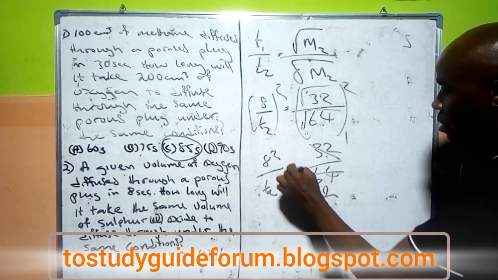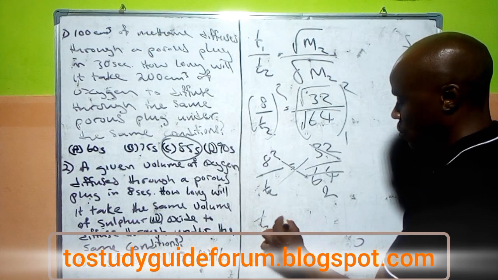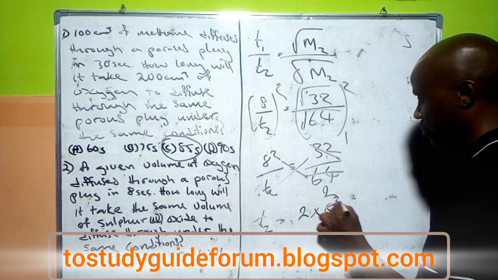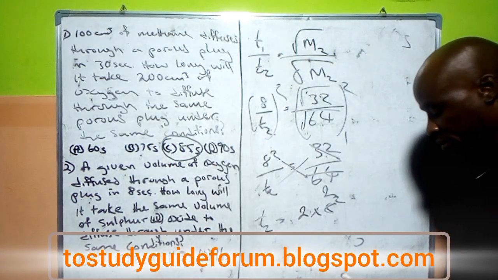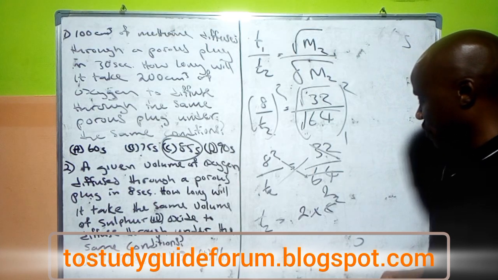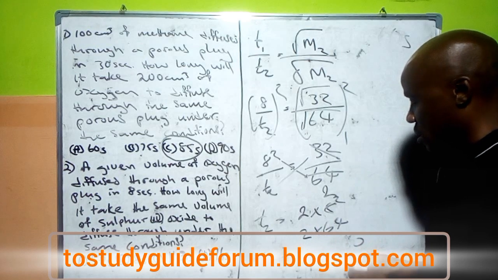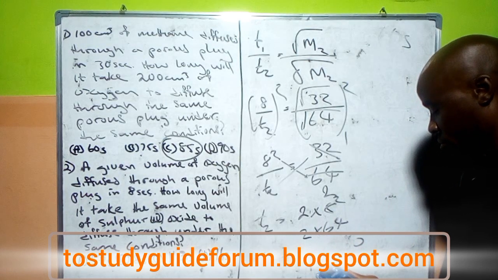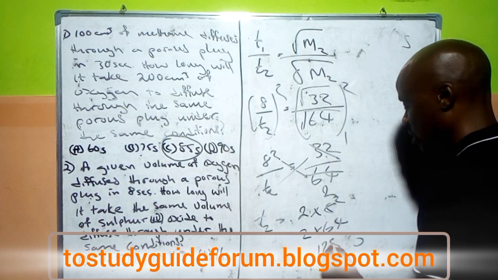So cross multiplying, we have T2 squared equal to 2 times 8 squared. 8 squared will give us 64, and 64 times 2 gives 128.